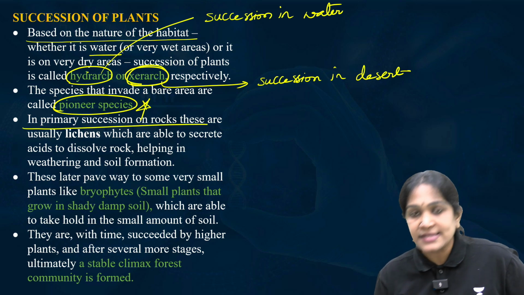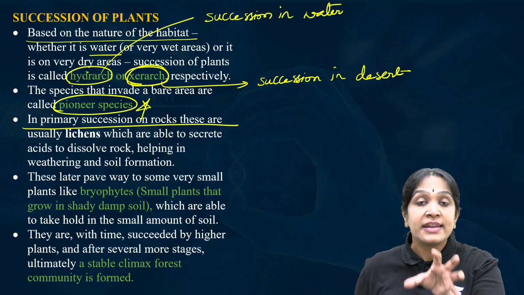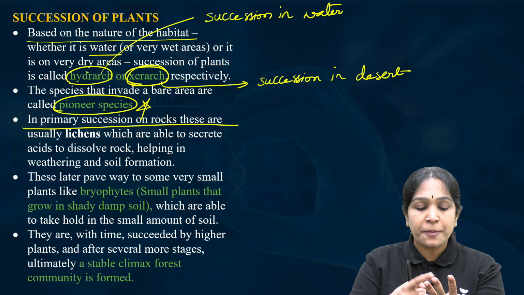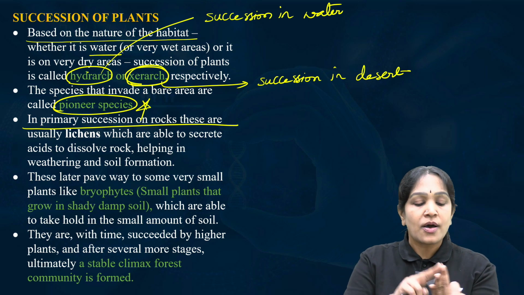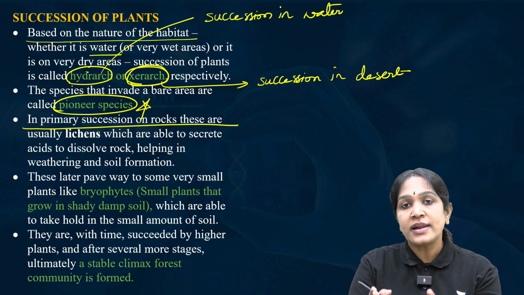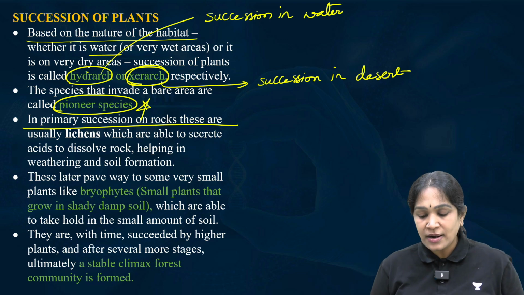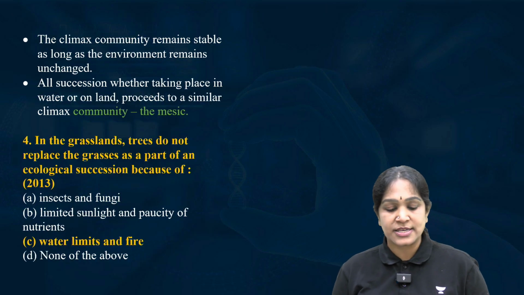The primary succession on the rocks which are previously uninhabited, it means if there is a rock and on the rock previously there was no living organisms at all, on that kind of a rock if the succession begins, we call it as primary succession. There is another term called as secondary succession. What is secondary succession?